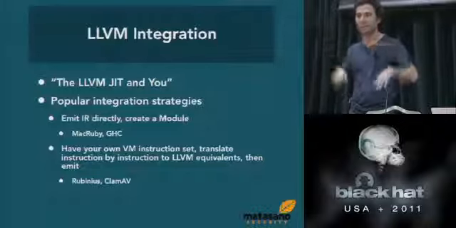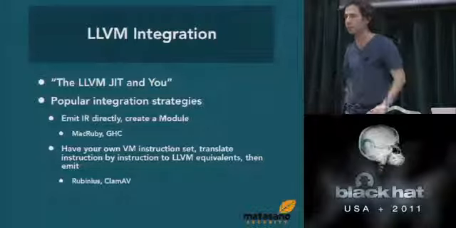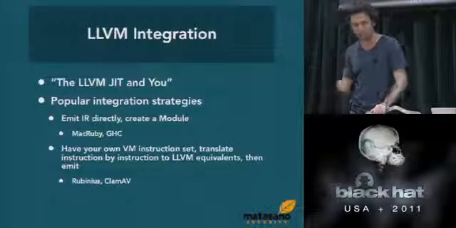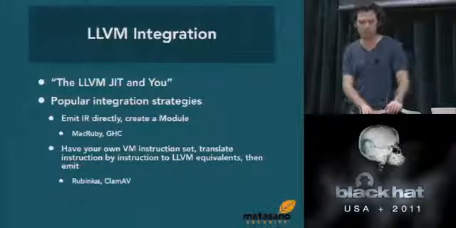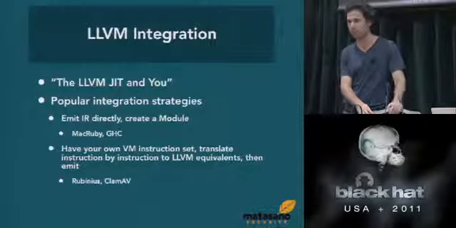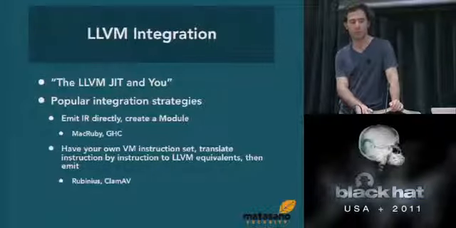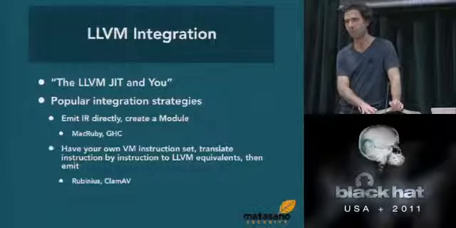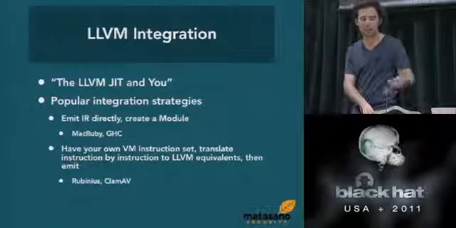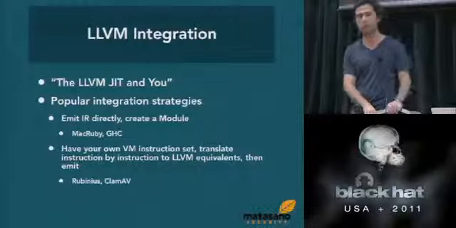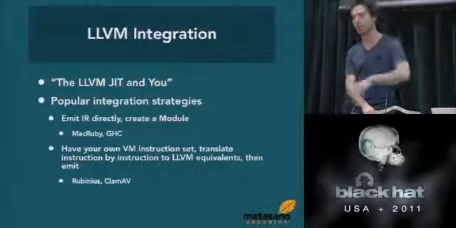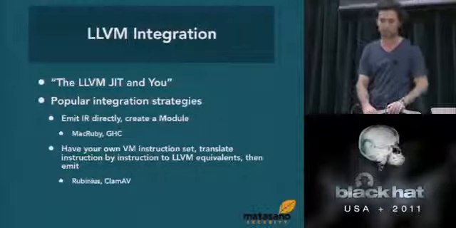Once that translation's been done, you feed it into the LLVM framework and to the execution engine. Rubinius takes this approach, since Rubinius had its own VM before, and they have their own bytecode. So if you run a Ruby file with Rubinius, it's going to spit out an RBC file or an RBO file, and that will have Rubinius bytecode. Once you load Rubinius bytecode and you have LLVM support enabled, it will translate Rubinius bytecode into LLVM bitcode and start executing.